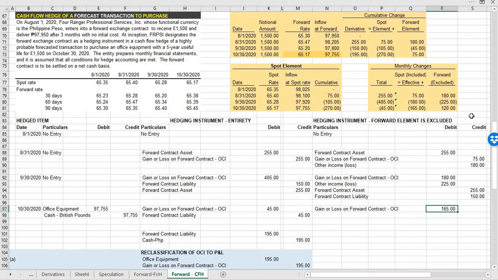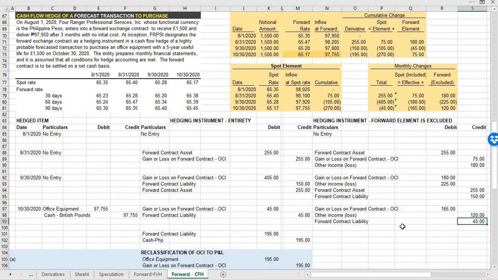Kaya tayo ay credit other income na 120 pesos related to the forward element. Tapos, syempre, tayo ay mag-credit ng forward contract liability for 45 pesos. Bakit forward contract liability? Kasi tumaas by 45 pesos ang ating derivative na liability. From 150 naging 195 pesos. So ngayon, after this adjustment, ang ating forward contract liability has now a balance of 195 pesos negative.